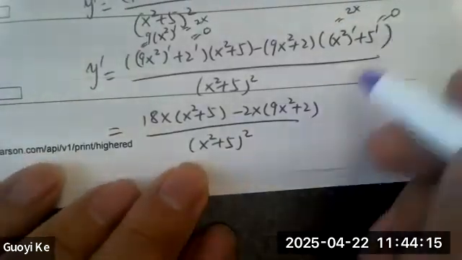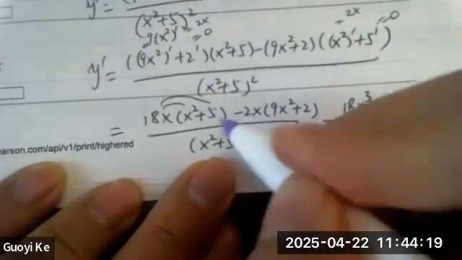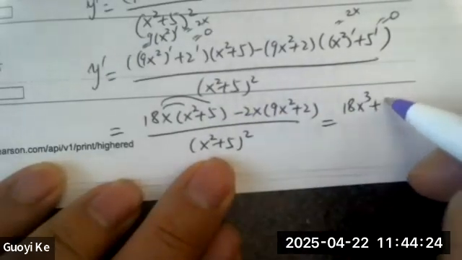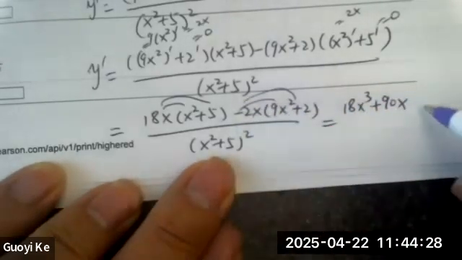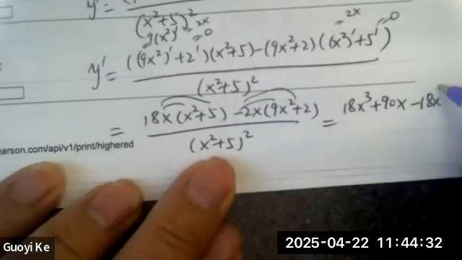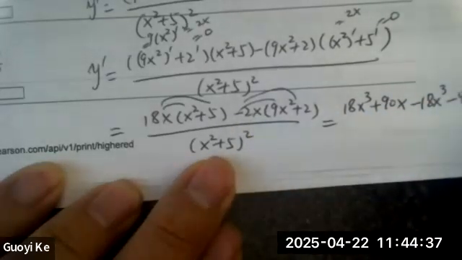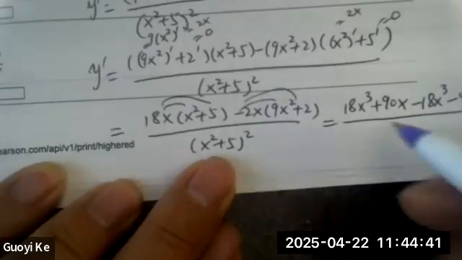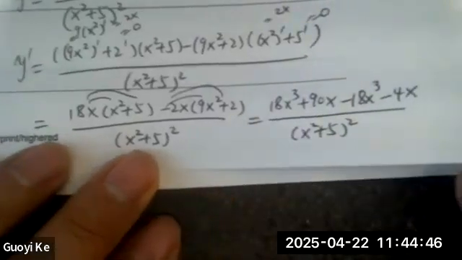Now, distribution. 18x cubed, 90x. Distribution, negative 2x times 9x squared, 18x cubed. Negative 2x, negative 4x. So we have this.